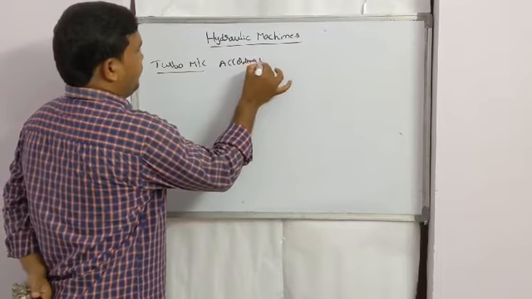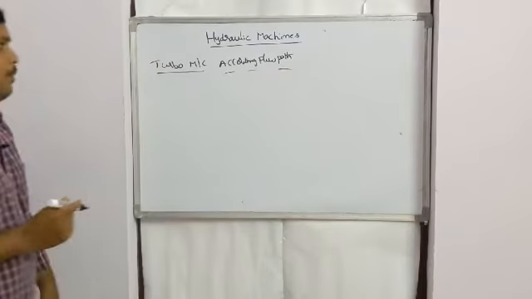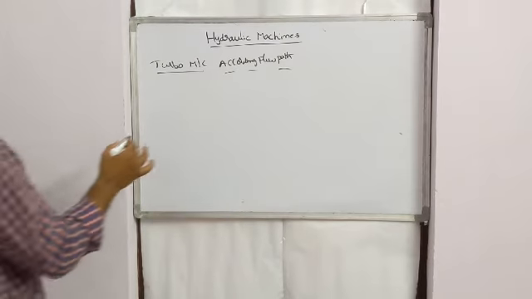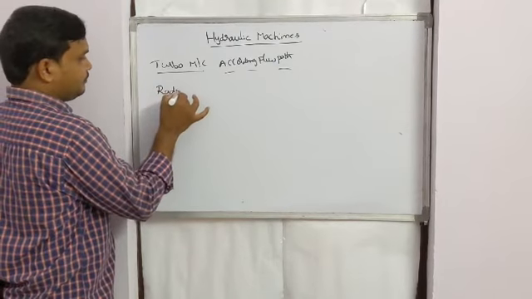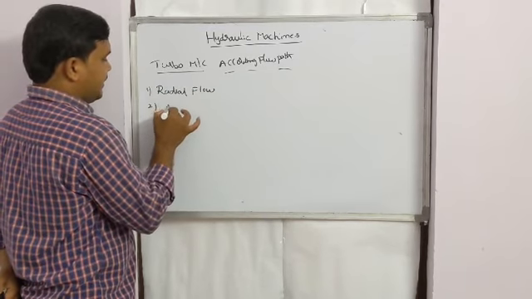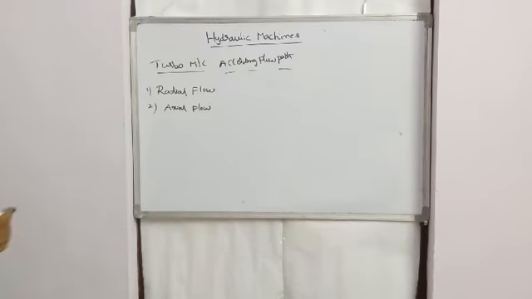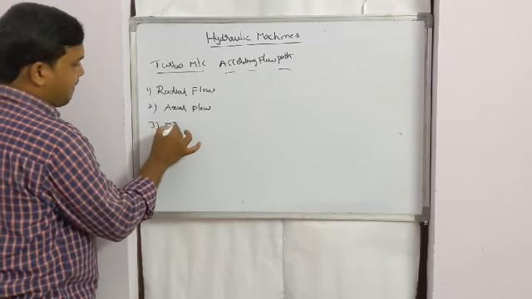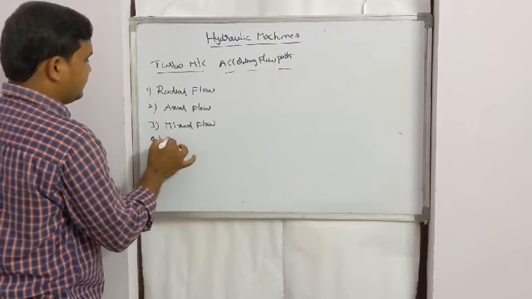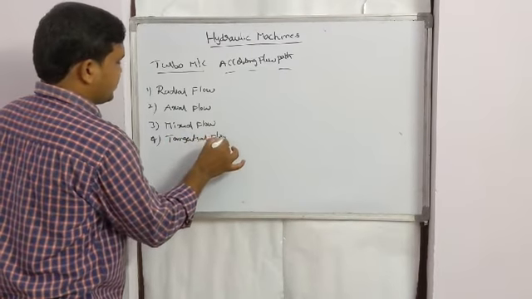According to flow path, we can classify them as radial flow machines, axial flow machines, mixed flow machines, and tangential flow machines.